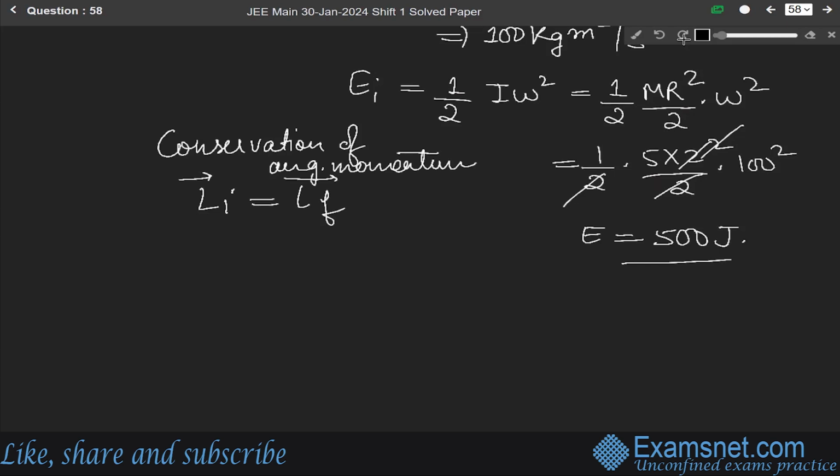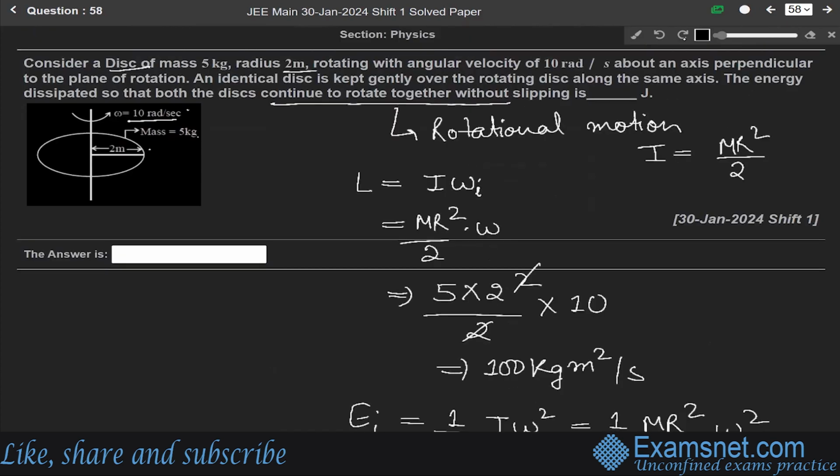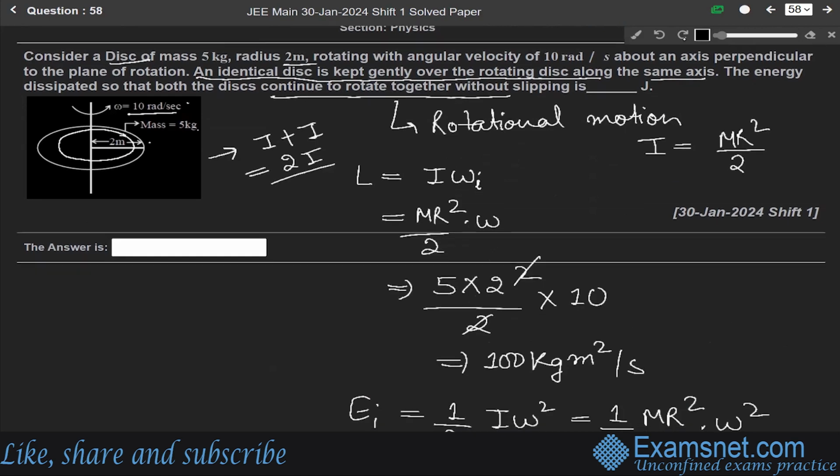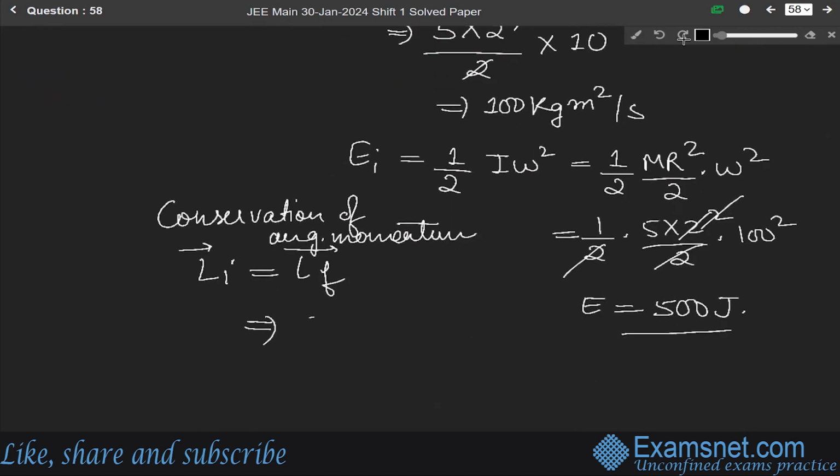Now, according to the question, an identical disk is kept gently over the rotating disk. Another disk has been kept over it. So now the total inertia will be I plus I, meaning 2I, on the same axis. Now the total inertia will be 2I.